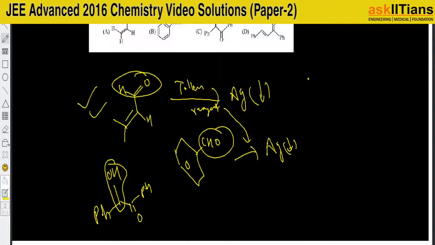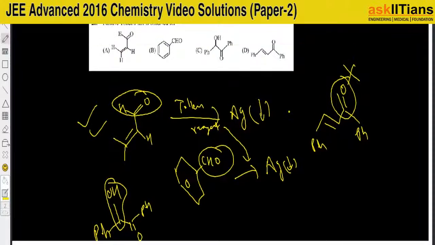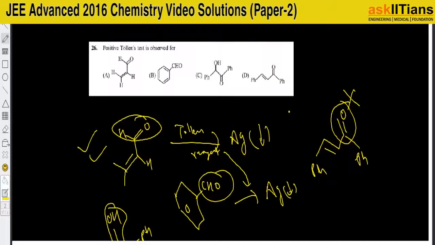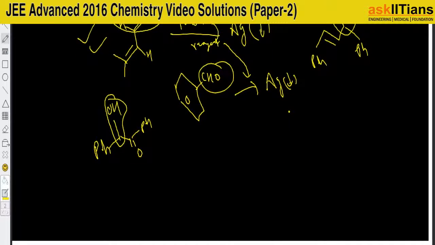If I look at the D option, sorry, if I look at this option, then there is no probability of having the positive Tollens test, because this is a keto group over here. This is not an aldehyde group or the CHOH group or any terminal alkyne. So the correct answer for this question will be A, B and C.